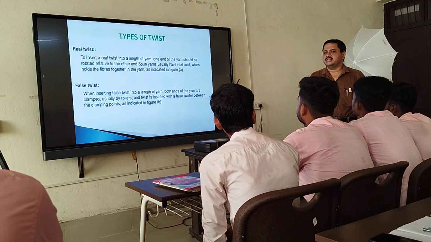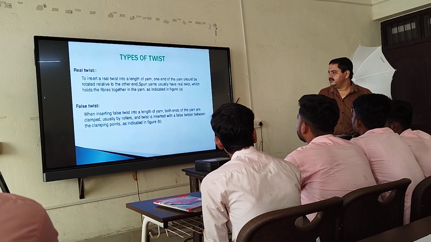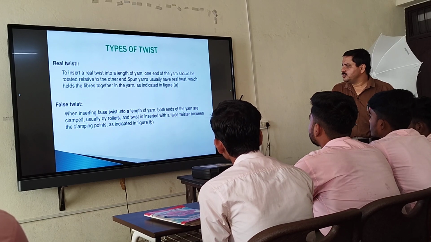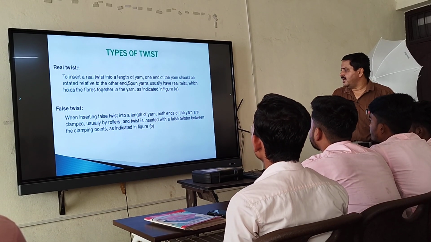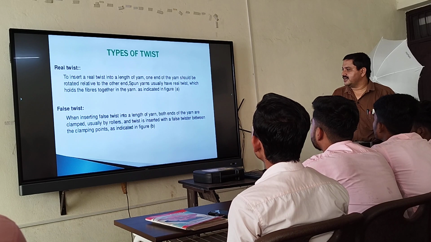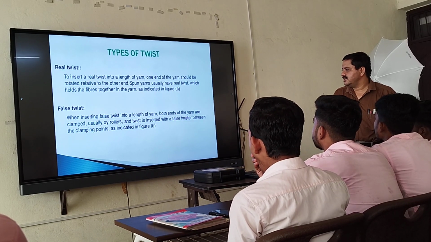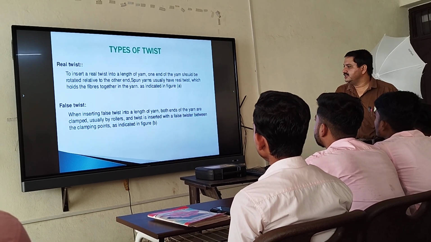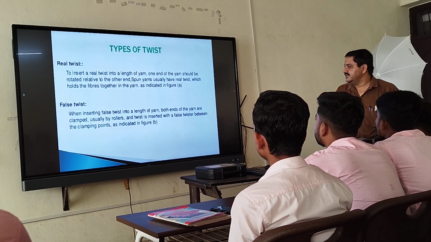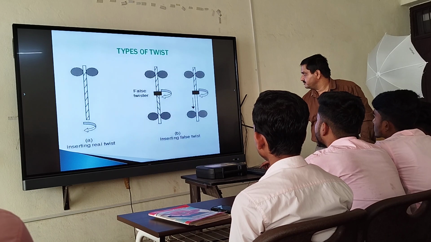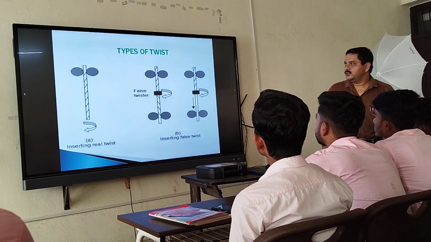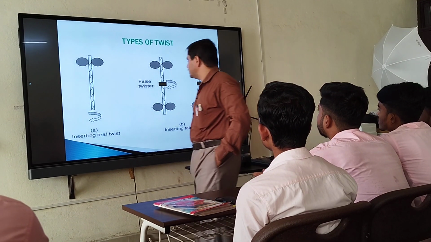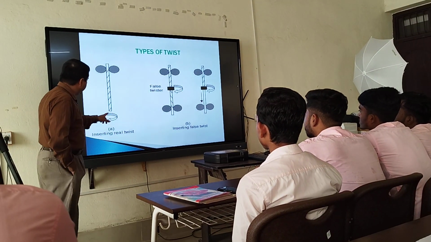But in false twist, what is happening? Both ends of the yarn are clamped, usually by rollers, and twist is inserted with a false twister between the clamping points, as indicated in figure B. You see the figure, true twist and false twist, or real twist.